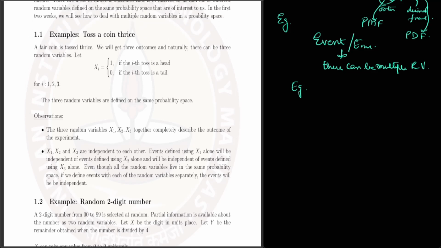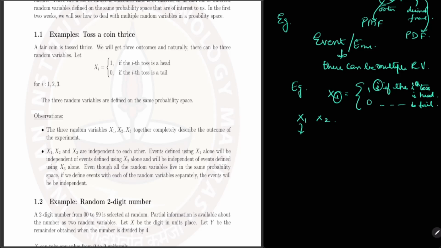Okay, let Xi be 1 if the ith toss is head, or 0 if it is tail. It becomes confusing, so simply there are 2 random variables, X1 and X2.